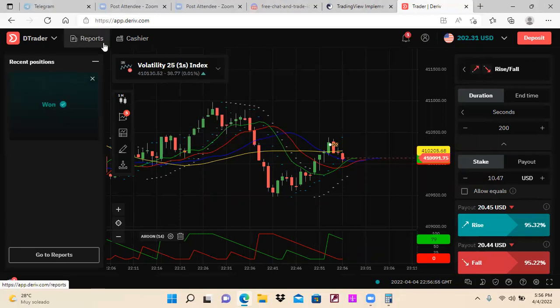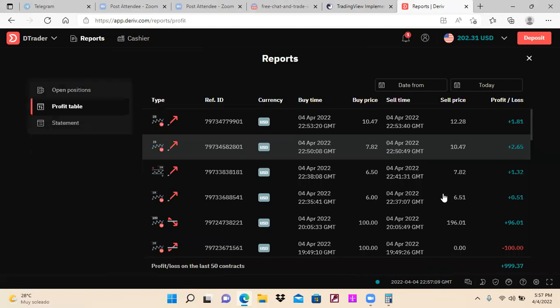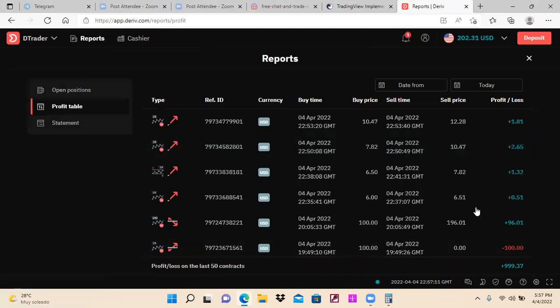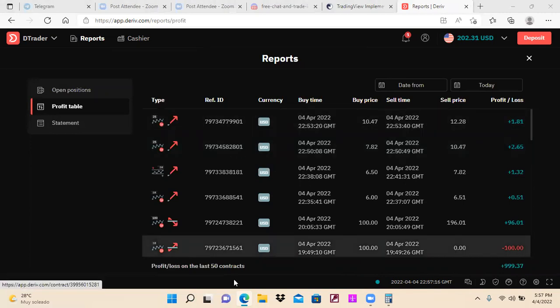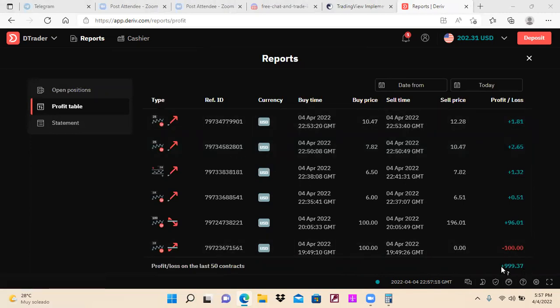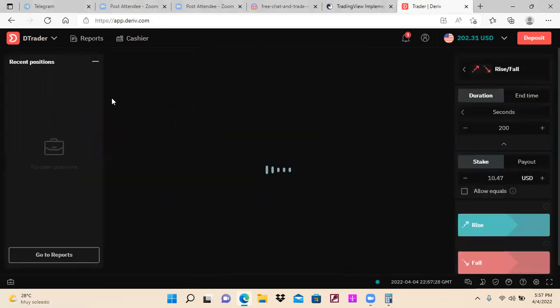Now what you can do as well to see the outcome of your overall performance is click on reports, and then go to profit table. The profit table will give you an idea of how much money you have made for today. And as you can see, this is $9.99, and that is just for today.